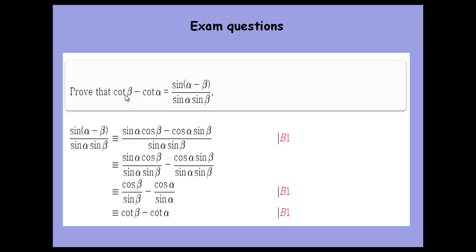And because we know that cot beta is cos beta over sine beta, and cot alpha is cos alpha over sine alpha, then we can reduce it to what we're aiming for on the left hand side. So we've used the expansion of that part on the right hand side in order to prove that this identity is true.